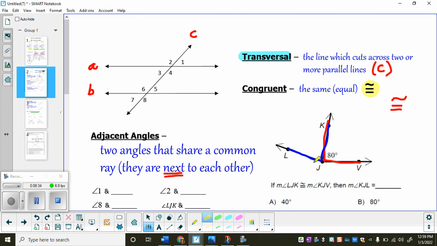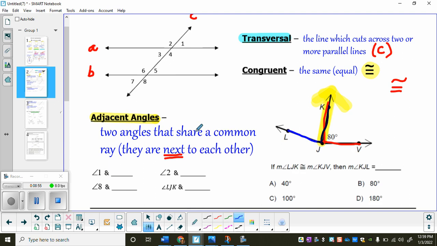I'll highlight it. You might remember that a ray has an endpoint and then an arrow that goes on in another direction. So I can say that these two angles are adjacent because if I were to trace both of them, they both trace that line. And that's how you know you've got adjacent angles, all right?